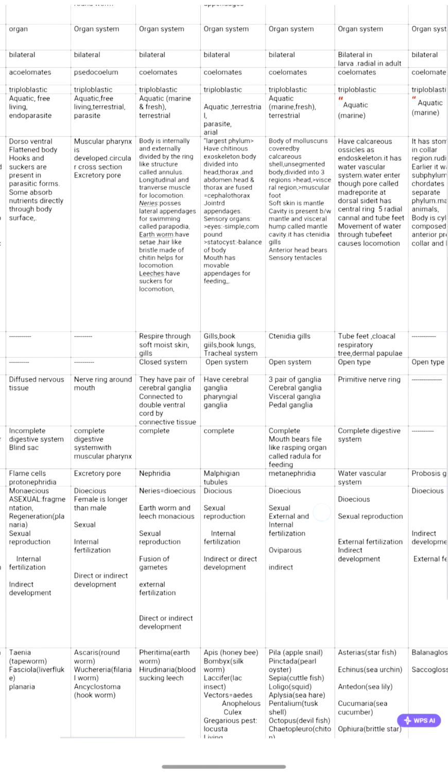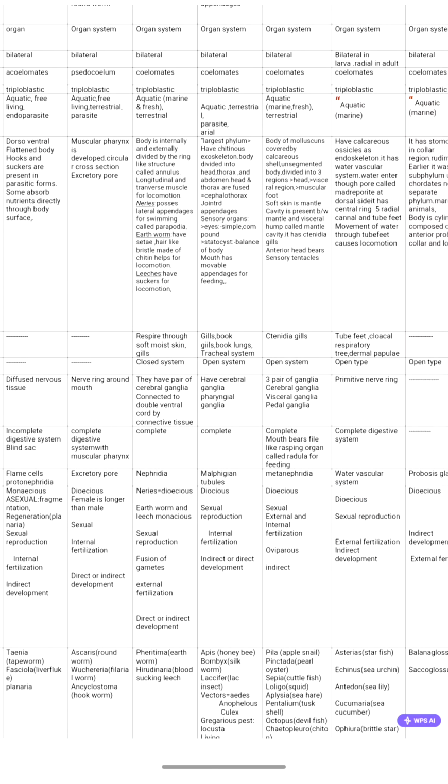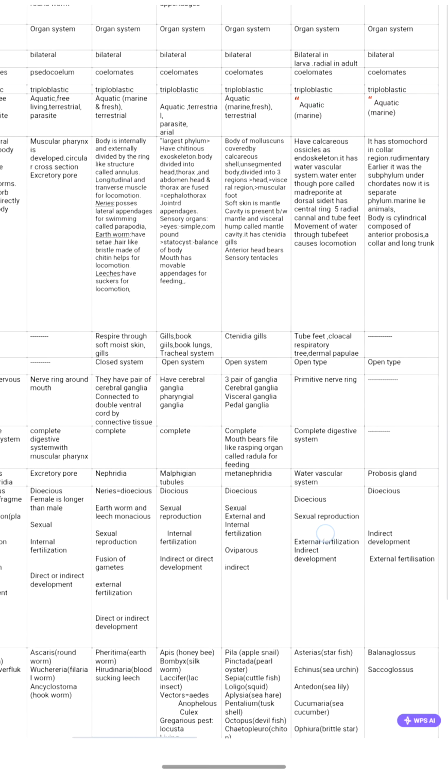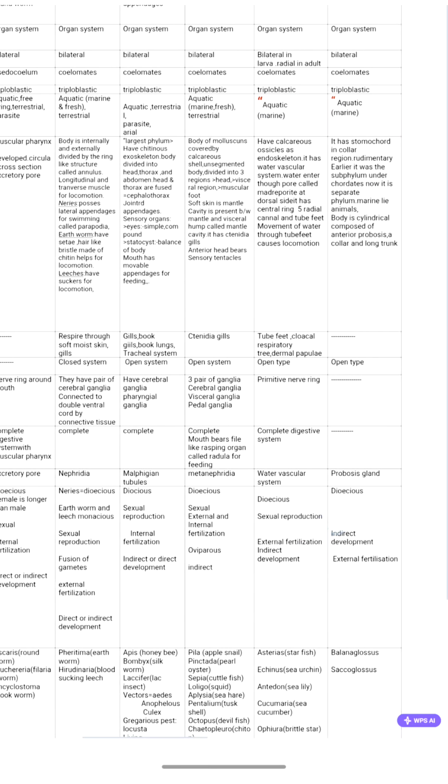Arthropoda has Malpighian tubules for their excretion. Mollusca has metanephridia. Protonephridia for platyhelminthes, nephridia for annelida, and metanephridia for mollusca. This is how you have to remember. Next, the water vascular system works for excretion also in the case of echinodermata. And next, phylum hemichordata has the proboscis gland.